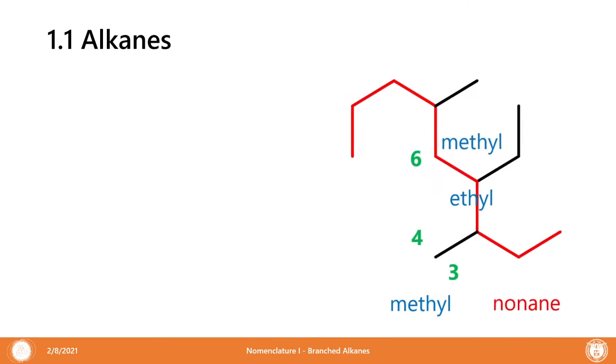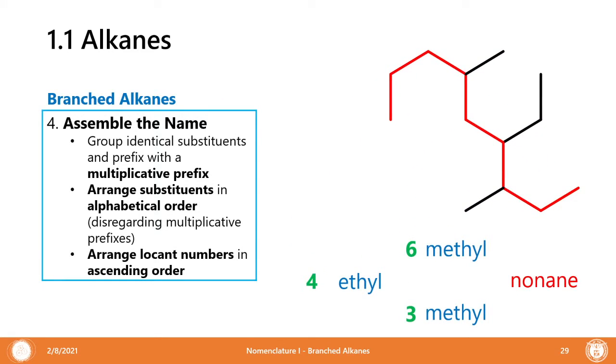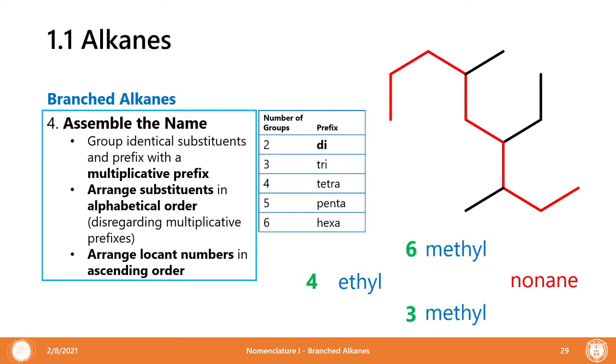After that, what we can do is arrange it. So we assign the substituents to their corresponding numbers, and we will now start to assemble the name. What we want to do is group the identical substituents and prefixes with a multiplicative prefix. So what are the multiplicative prefixes? For two multiples we use di, for 3 multiples tri, tetra for 4, and then continuing on to the polygon prefixes.